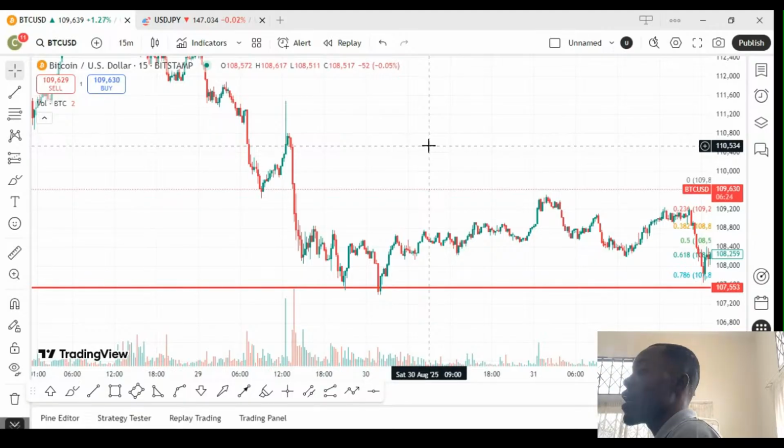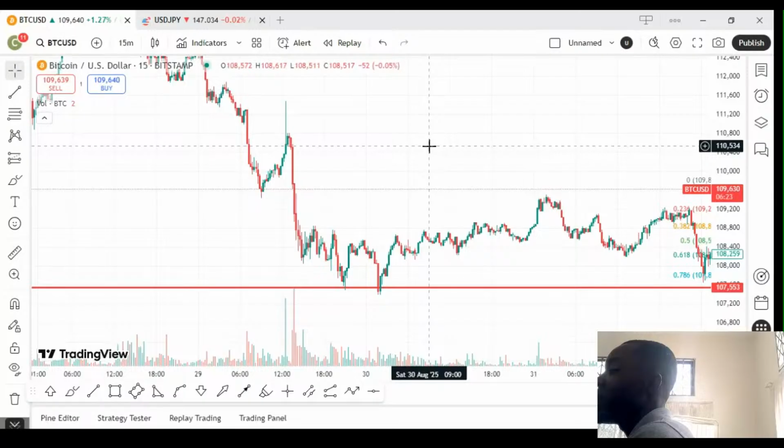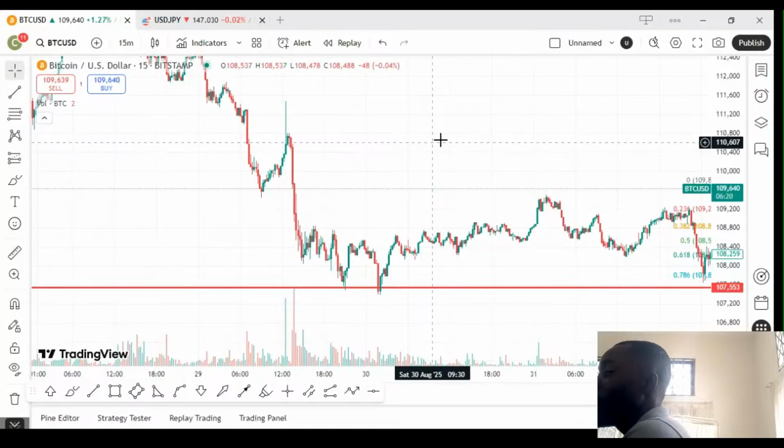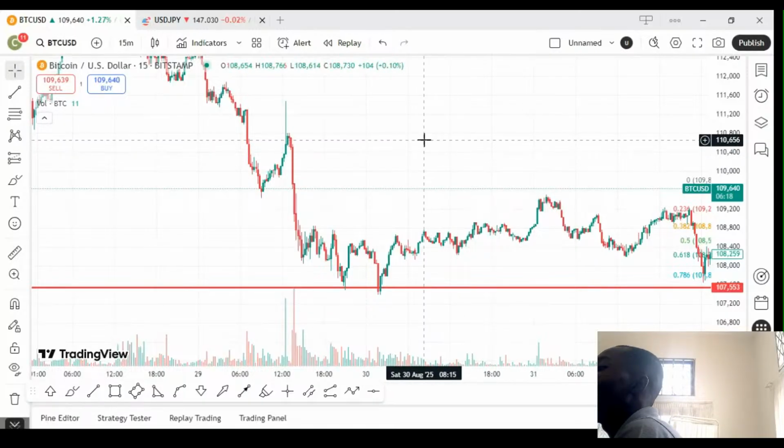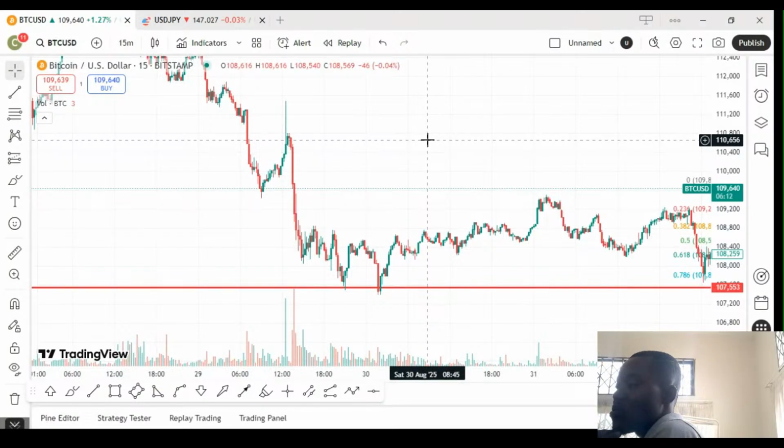So if I'm joining a short-term trade, I really like Harami. And many people, everybody, has a pattern that they like trading with.